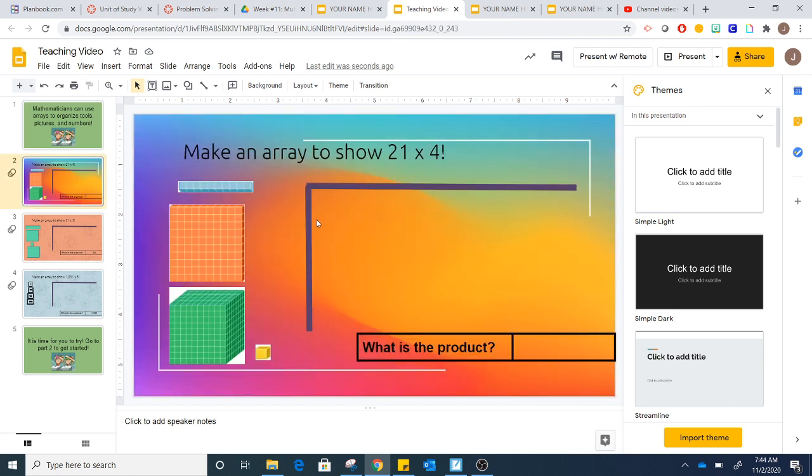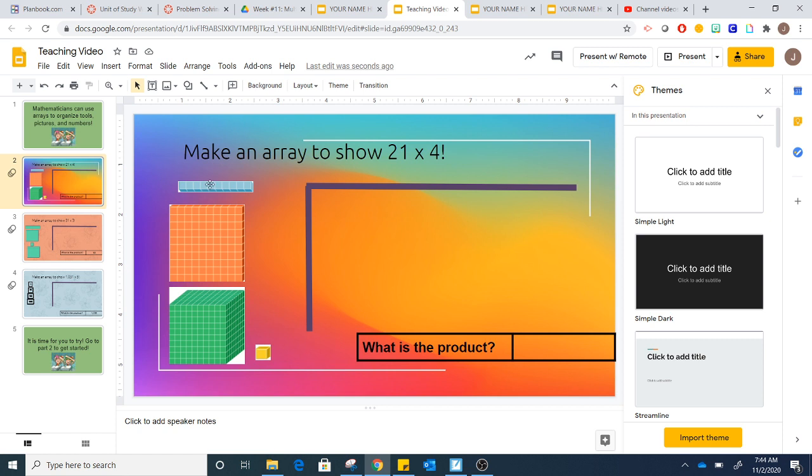So I've built an array here, an outline of an array, and now we're going to use it to solve this problem. It says to make an array to show 21 times 4. So I know that one side of my array is going to be 21, and the other side is going to be 4.